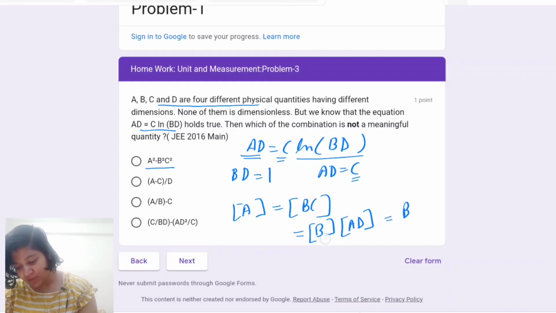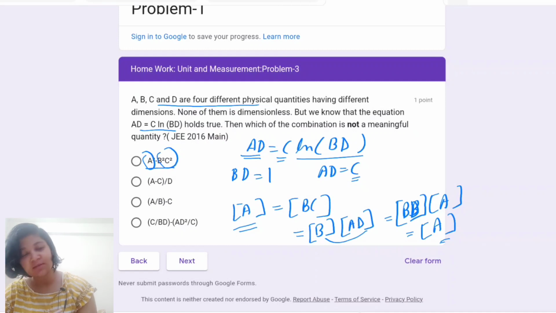Therefore, we can combine these two, dimension of BD into dimension of A. Now BD is a dimensionless quantity, so this is 1 into dimension of A. So obviously our left hand side and this quantity and this quantity have the same dimension, so it is a meaningful quantity. So this is not our option.